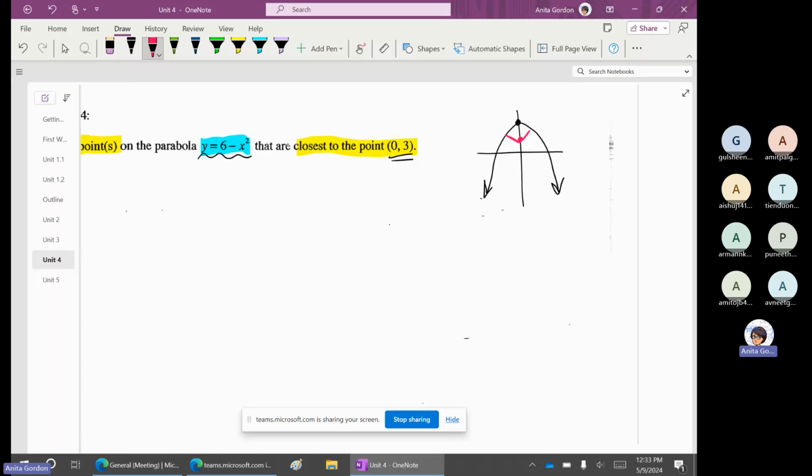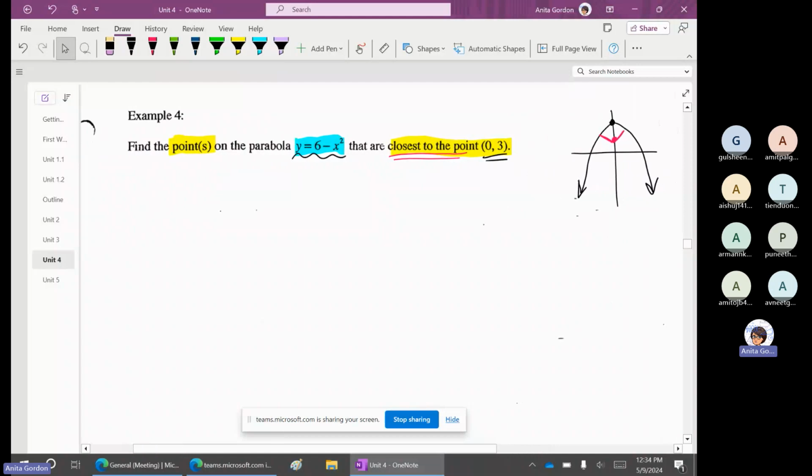Now, when we're looking at the closest point, what are we looking for? Again, remember we're doing derivatives and we're looking for peaks and valleys. The closest point to 0, 3. What are we trying to find? Think of the language. Look back at example 3.